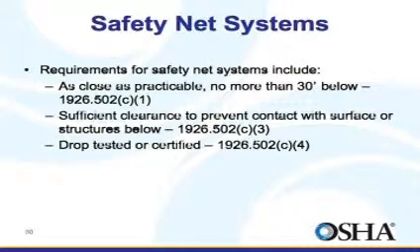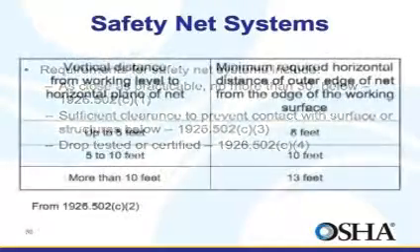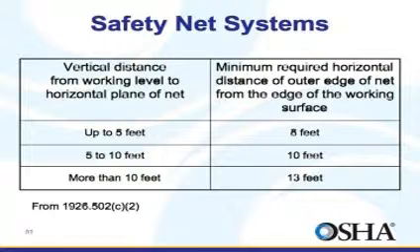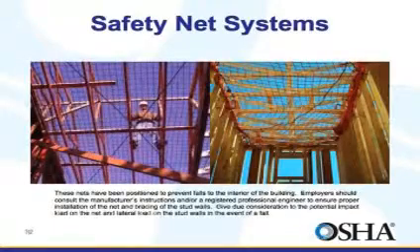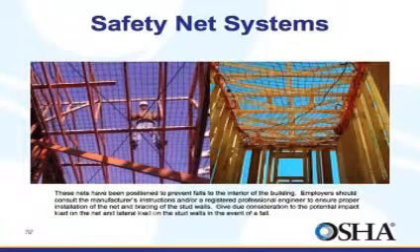However, when safety nets are used, they must be positioned as close as practicable under the surface on which employees are working, installed with sufficient clearance under them to prevent contact with the surface or structures below, and be drop tested or certified. This chart shows the vertical and horizontal characteristics of nettings if used. This slide shows safety nets in place and positions to prevent a worker from contacting the lower surface.